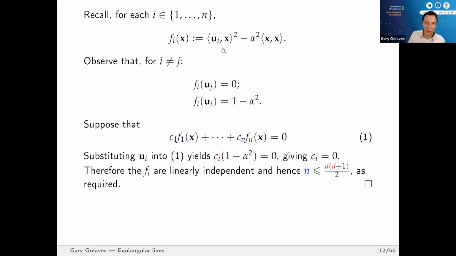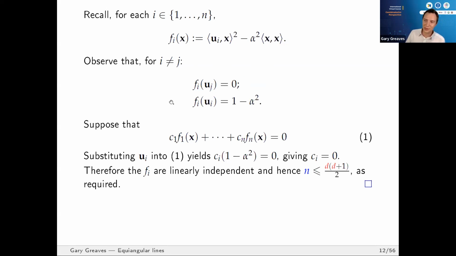And that will give us plus or minus alpha by definition of equiangular line system. This will be plus or minus alpha squared. So this whole thing is alpha squared. Then minus alpha squared times u sub j in a product with itself. And that will give us 1, because u sub j is a unit vector. So we plug this in and we'll get alpha squared minus alpha squared. So we end up with 0.